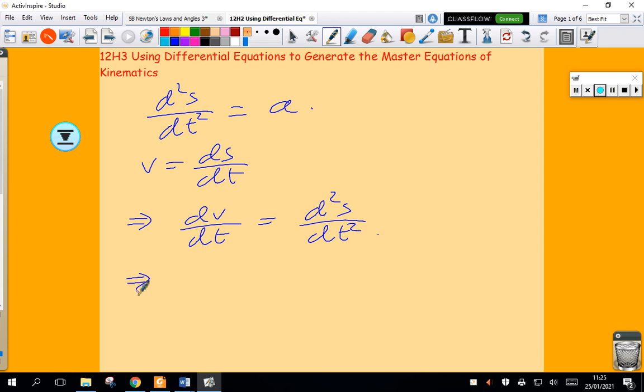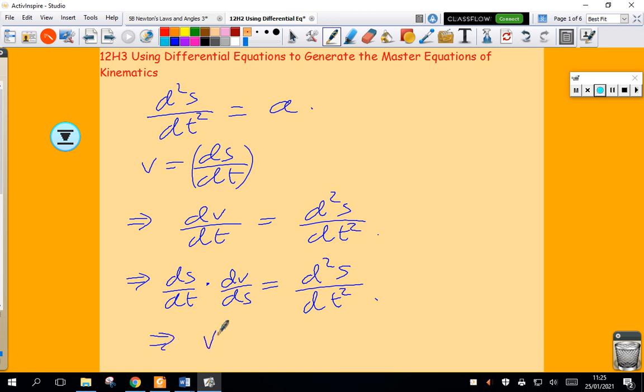However, if we look at using the chain rule as well as the v substitution here, d2s/dt squared is going to be written as dv/dt. I can find that by multiplying ds/dt by dv/ds. The ds's would cancel here to leave me with dv/dt. But ds/dt, remember, is exactly v, so I can write that as v dv/ds is equal to d2s/dt squared.